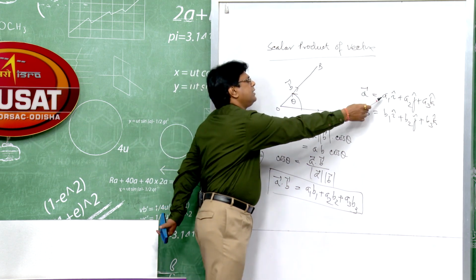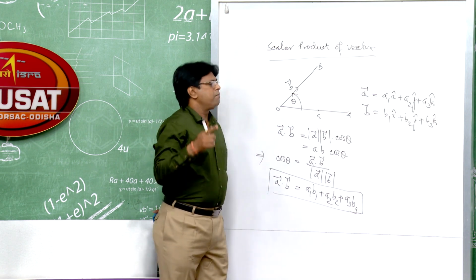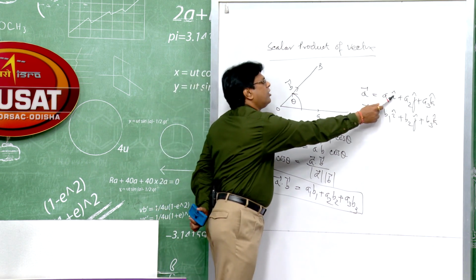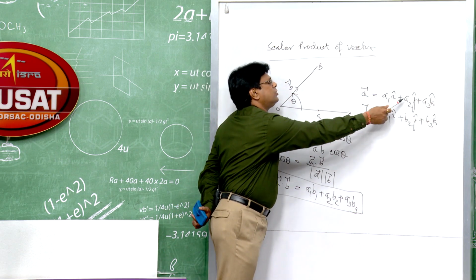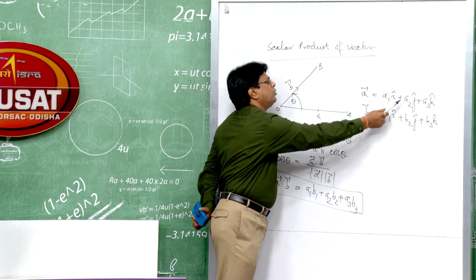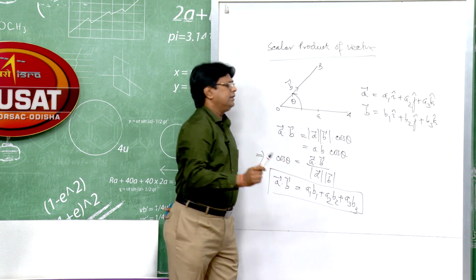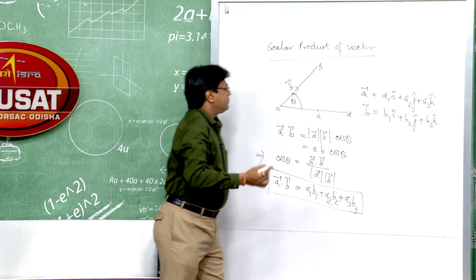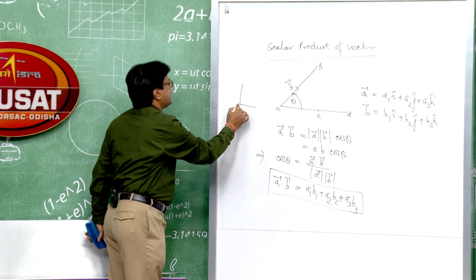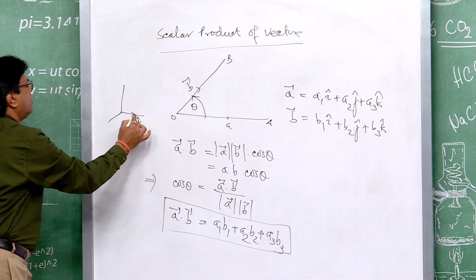where i dot i is equal to 1, but i dot j is equal to 0, i dot k is equal to 0. Similarly, j dot i is equal to 0, j dot j is equal to 1 and j dot k is equal to 0, because these three i, j, k form an orthogonal triad.